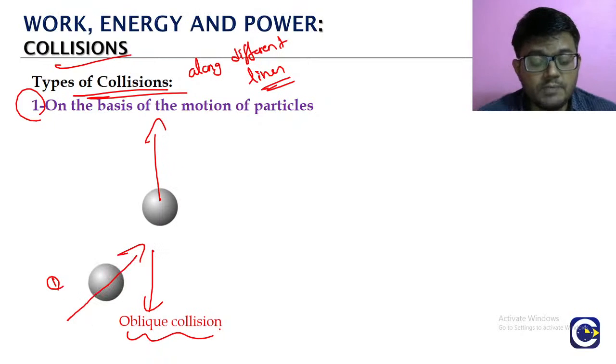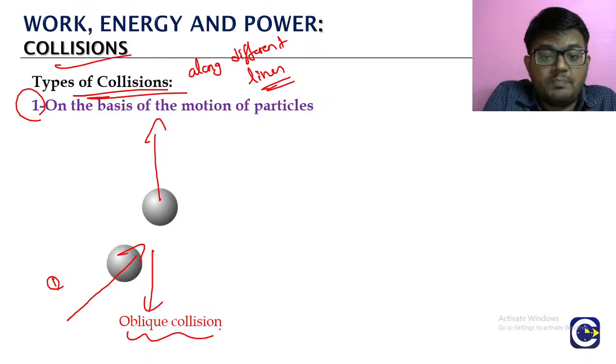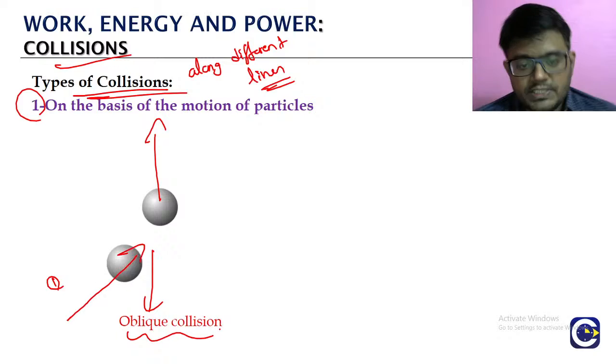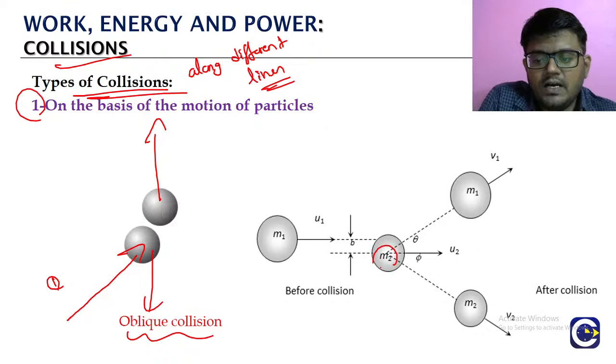We call it as what? Oblique collisions. So typically, say for example, you are looking at the collision on a plane, a 2D plane, where the particles are moving in the plane. So these are all examples of the oblique collisions. Generally when this will happen is, let's say you have a mass m1 and mass m2.